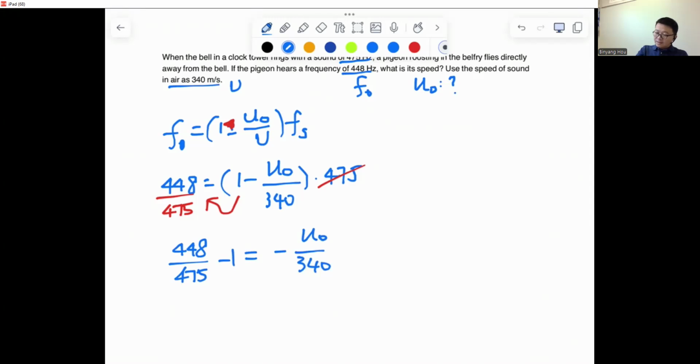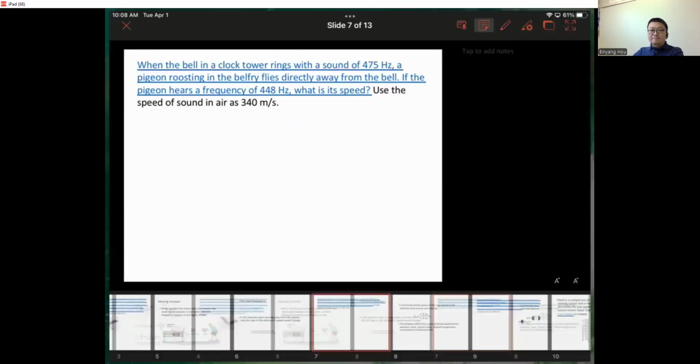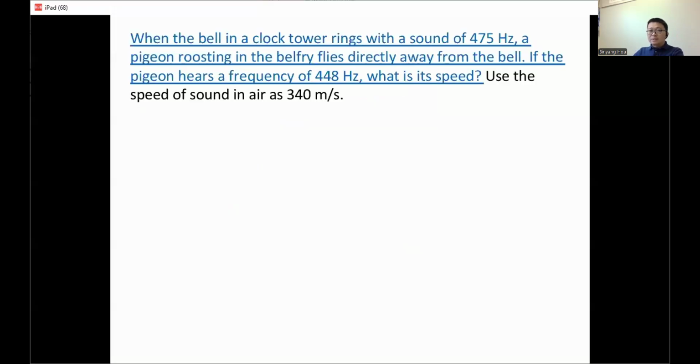Then we multiply both sides by minus 1 and then times 340 on both sides of the equation. So we find that u of o is equal to 19.3 meters per second. That's the speed of the observer moving, which is the pigeon.